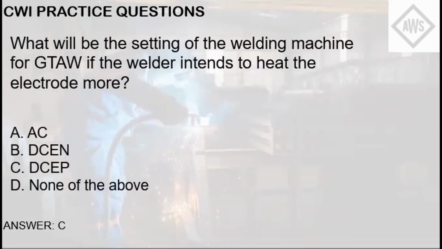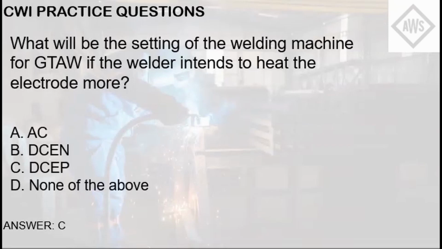You will also need to remember that DCEN is known as straight polarity, while DCEP is known as reverse polarity. So you might want to know those nomenclatures for the electrical polarity of the welding processes, because the questions might not have the choices as DCEN or DCEP.